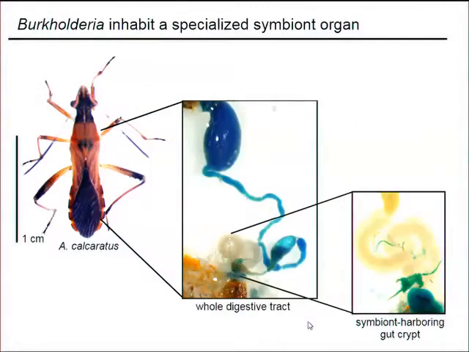And so what is it doing in there? This is a picture of a midgut of one stink bug that I've studied. And there are these specialized crypts at the bottom of the midgut that seem to do nothing for digestion or nutrition acquisition. They seem to only be there to hold bacteria. And these are at the very end of the midgut. You can see that this is blue throughout the rest of the midgut. That's not a natural color. We dyed their food blue so we can see where the food is going.